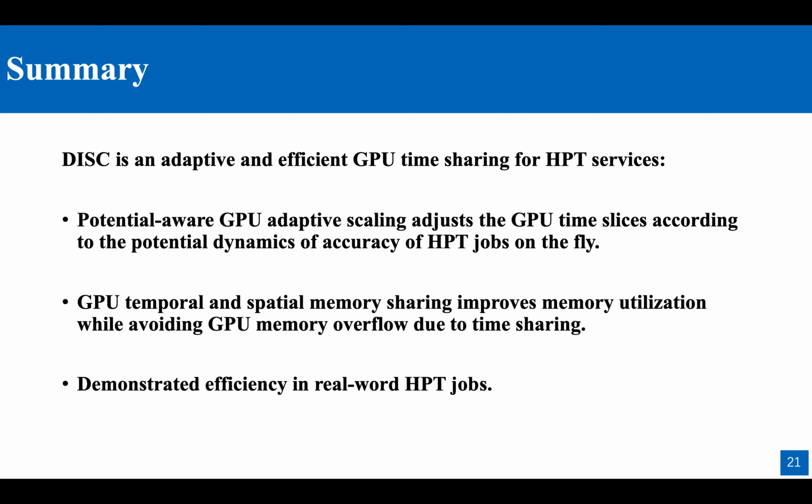We adopted a subset of Microsoft Trace with public datasets to conduct evaluation. Experimental results show that DISK can improve the average job completion time by 1.15 compared to the naive approach, and the HPT accuracy by 1.58 compared to earlier stopping approach.